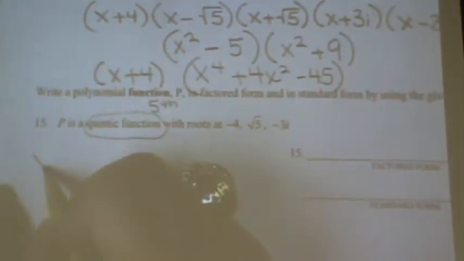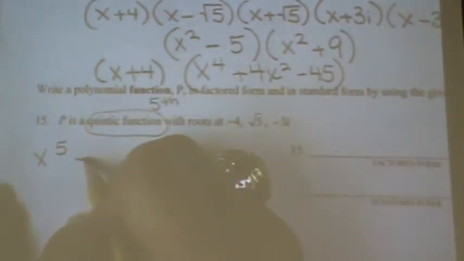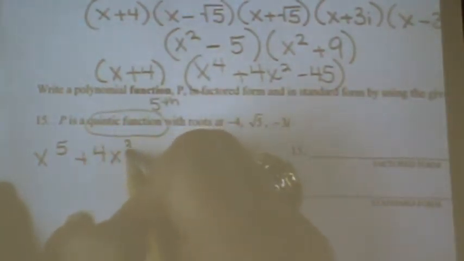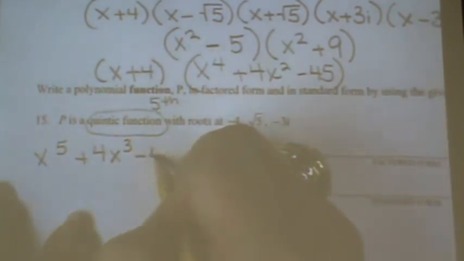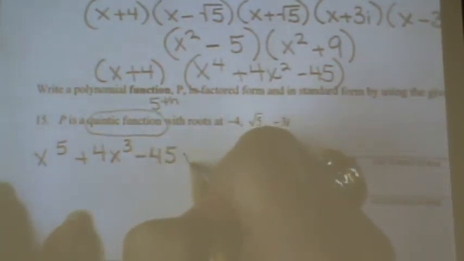Now you're going to FOIL, bringing x plus 4 into the picture. Let's do this. What's x times x to the 4th? x to the 5th. What's x times 4x squared? Plus 4x cubed. Minus 45x. Now we're going to do the next one. 4 times x to the 4th, I'm just going to write them here, you just got to put them all together.